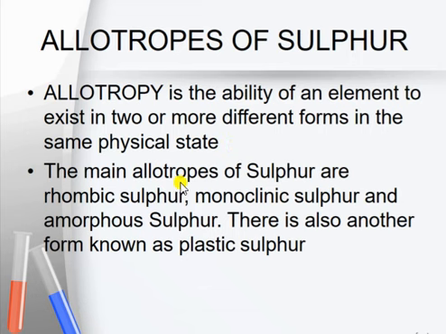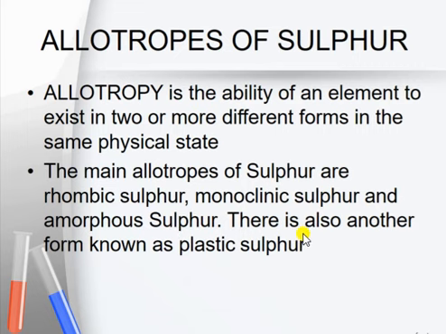The main allotropes of sulfur are Rhombic sulfur, which is the alpha sulfur, Monoclinic sulfur, which is the beta sulfur, and amorphous sulfur, which is the gamma sulfur. So these three are the main allotropes of sulfur.